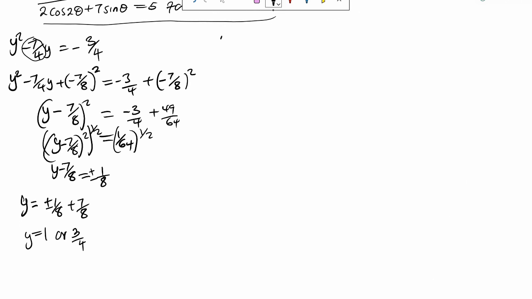But remember earlier on we assumed that sine theta equals y, so it means that sine theta equals 3 over 4 or 1.